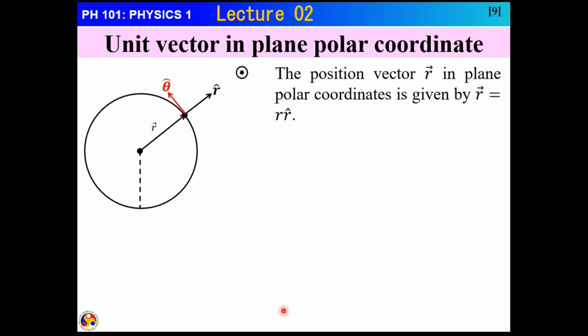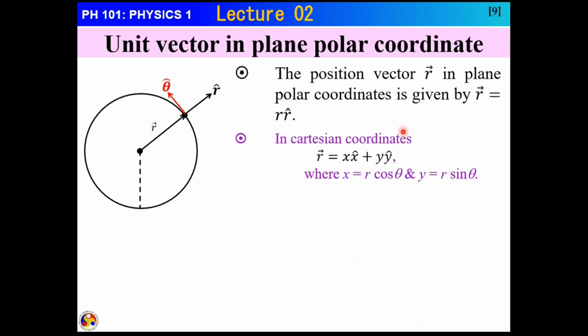As we define the position vector in the Cartesian coordinate system, similarly we can define the position vector in the polar coordinate system. In polar coordinates, the position vector of a point P is defined as vector r equal to r times r cap, where r is the distance from the origin and r cap is the direction along increasing r.